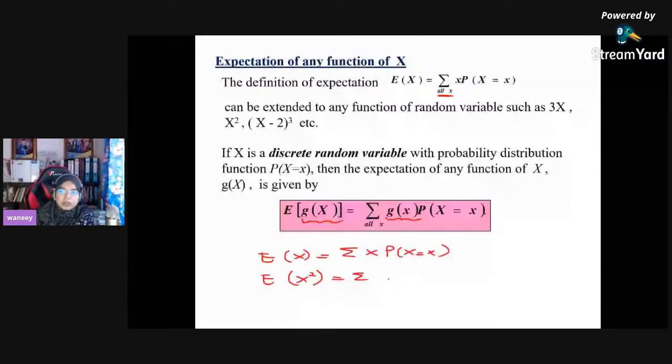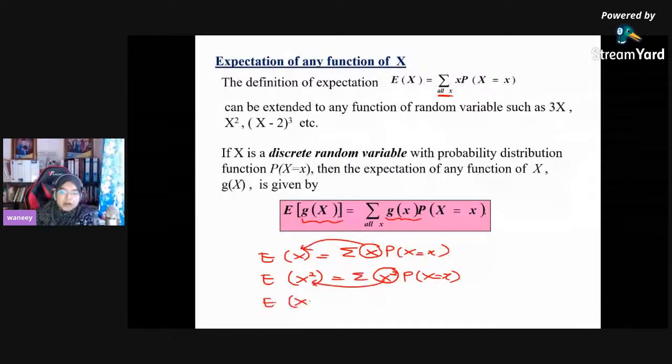So that is what they mean over here. This is x, this is x squared. Expectation of x plus 1 is the summation of (x plus 1) and then P(X = x).